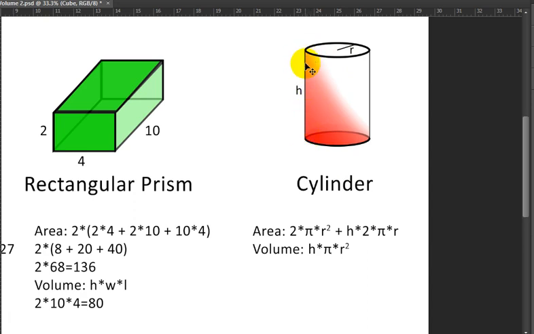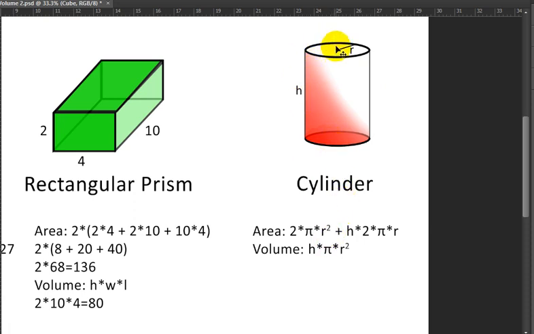Its height, basically how tall it is, and the radius of the circles that it's made up of, the radius of the bases. To find the area, you have to consider that the area is made up of the tops of the bases. So here and here, the bases. And then what area does the body have, the connecting part, basically.